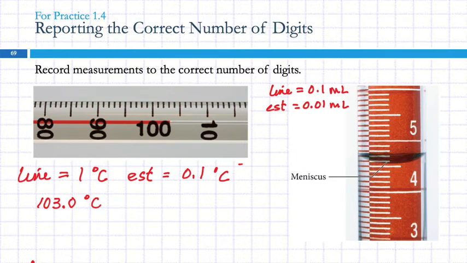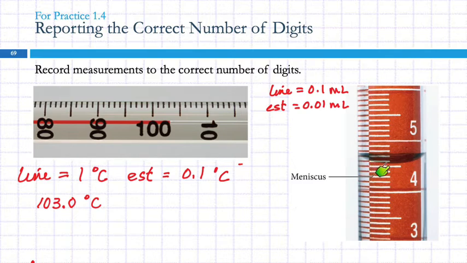So this is what's called the meniscus, this curved surface of the liquid. And the glassware is calibrated for you to measure to the bottom of the meniscus. So we're looking at the bottom of this kind of gray shadow. So it's clearly between the 4 and the 5. And this would be 4.5, this line, and that line would be 4.6.